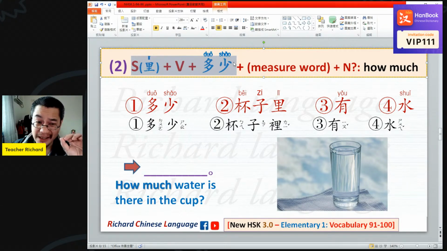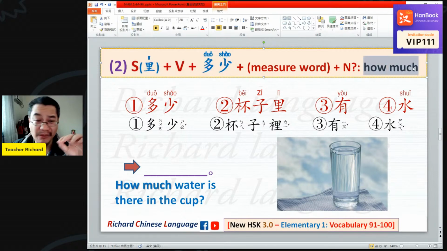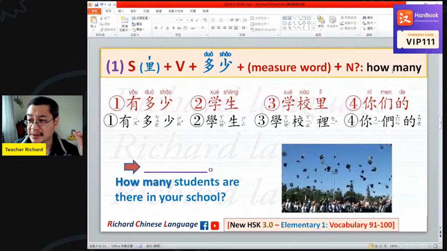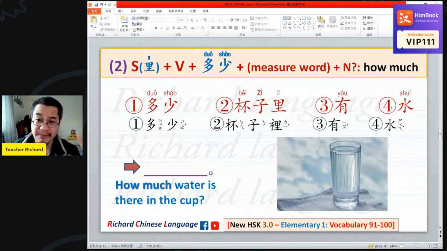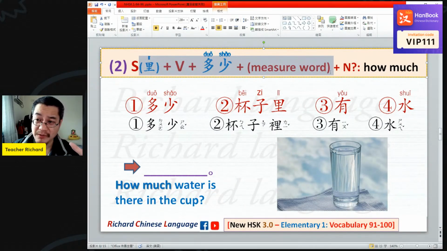In English, we use how much to talk about uncountable nouns, and we use how many to talk about countable nouns. But in Chinese, they're all the same. We just use 多少. The sentence pattern is the same.